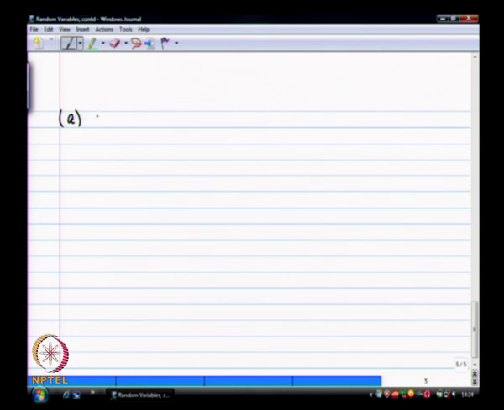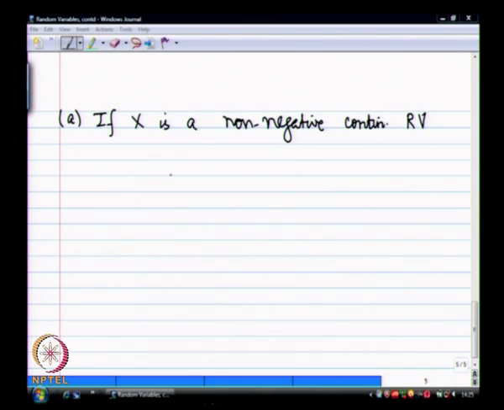So one is if x is a non-negative, continuous random variable, then our Laplace transform comes in.